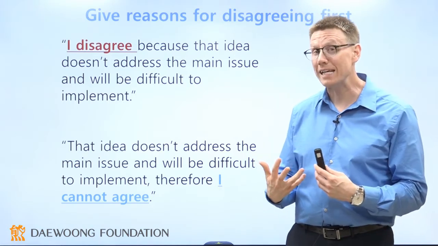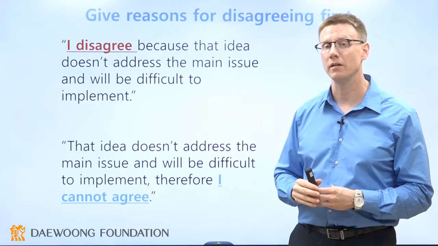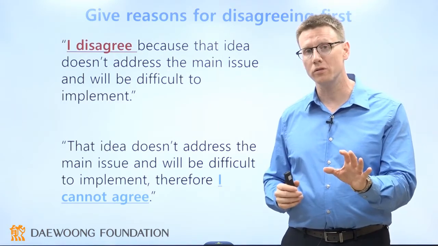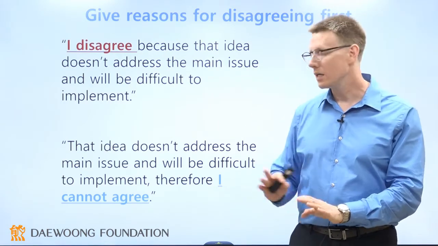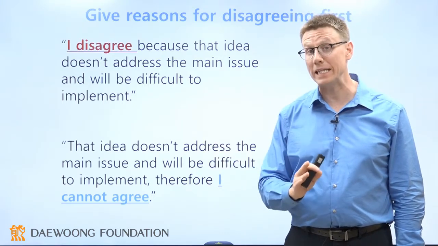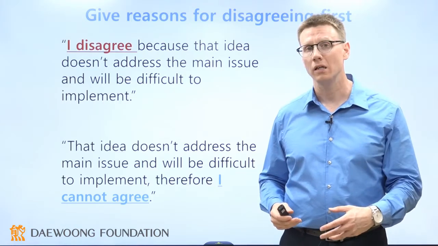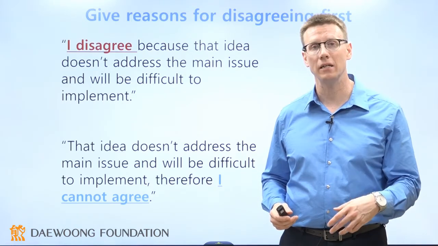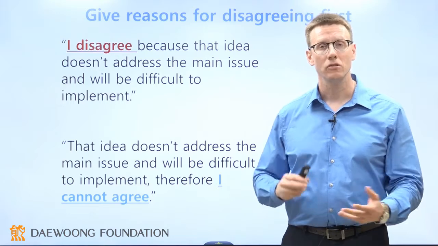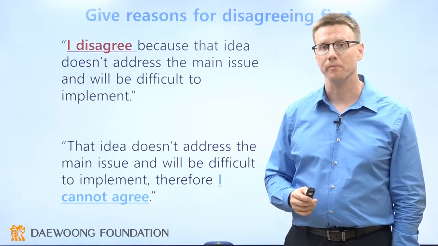So they're less likely to listen to this explanation of why you disagree. Therefore, it's important to reverse the order, give your reasons why you disagree first, and then at the end you can add, therefore, I cannot agree, therefore I can't accept your idea, therefore I disagree with your idea. So you want to try to reverse the order when you're disagreeing with someone.